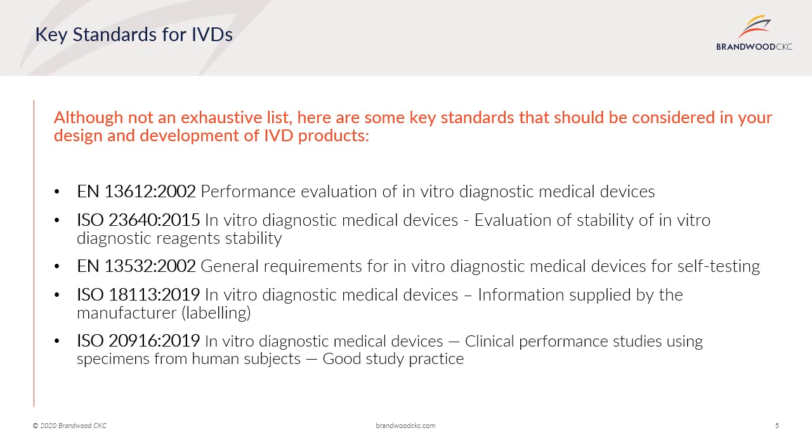Again, because they're going to a naive population, they have a set of standards that are unique to those. ISO 18113, that's specific to the labeling. That is an add-on from the typical EN 980. And finally, ISO 20916 is about clinical performance studies, especially using human specimens as part of good practice.